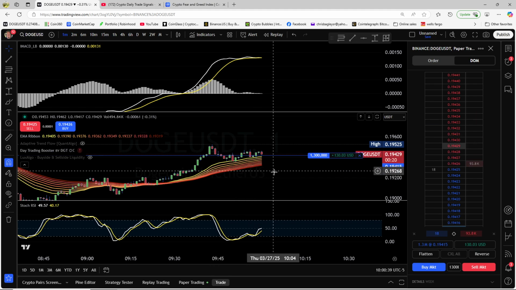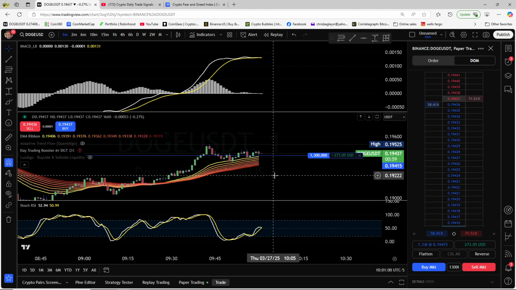Man, this is so frustrating. By the way, guys, this is usually the time I quit trading because it seems like from 10 o'clock till about 2 in the afternoon, the market doesn't really do a whole lot for some reason. It seems like 7 to 10 in the morning is a really good time to see some action.